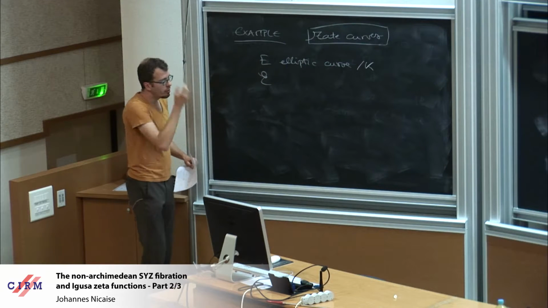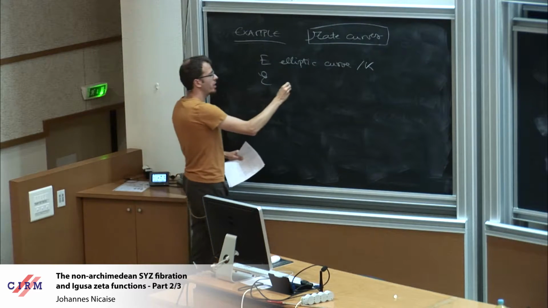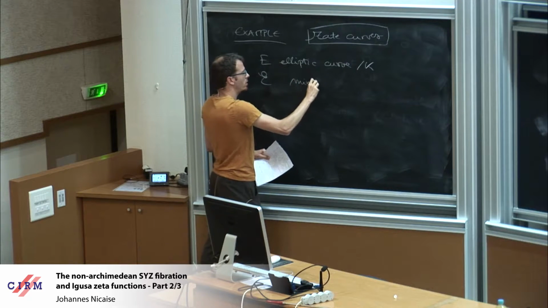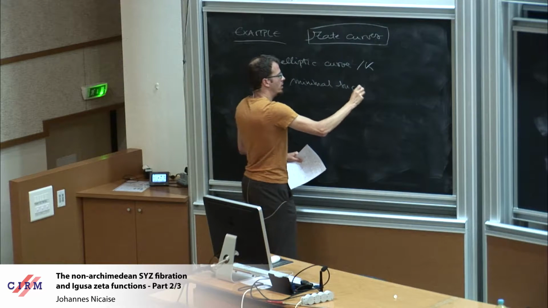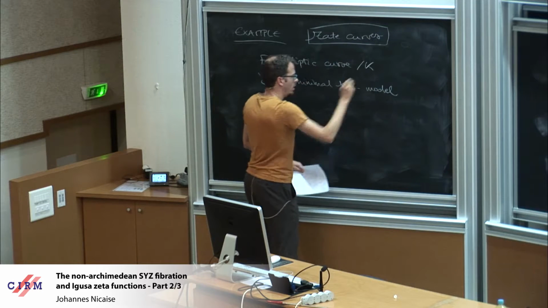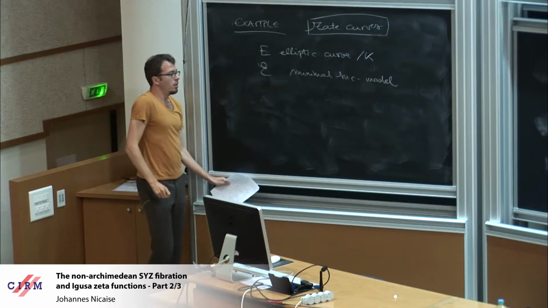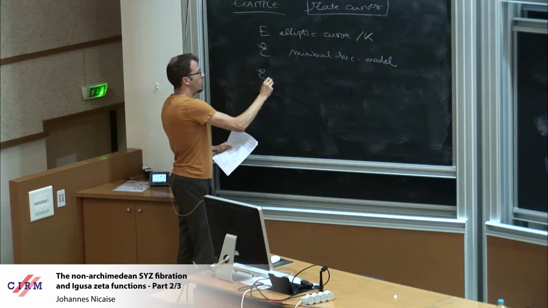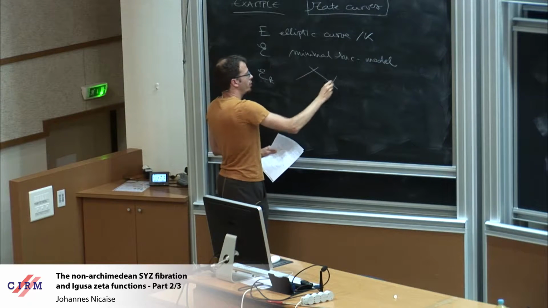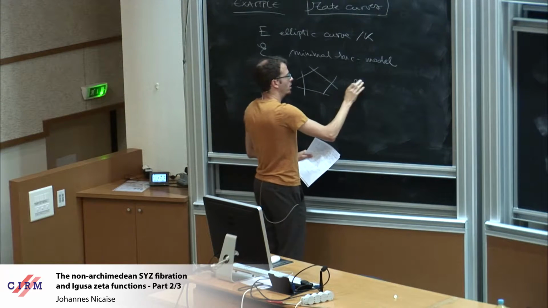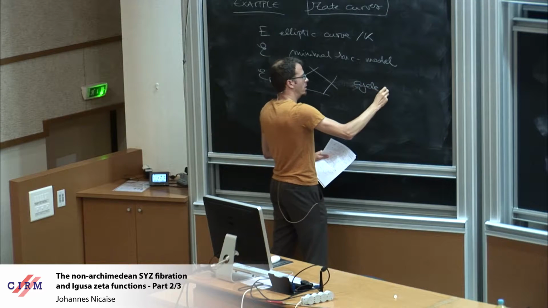So another way of phrasing that property is saying that if we consider its minimal SNC model, then the special fiber looks like a cycle of projective lines.